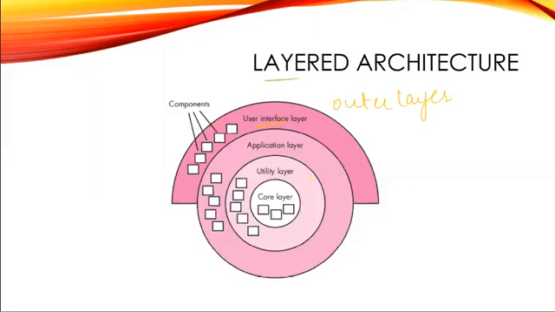At the inner layer, you're going to have the application layer and the utility layer. Coming first to the utility layer, you're going to have several modules within a system, n number of different modules. Within these modules, you're going to have different data types also. Some of these data types are common to other packages within the system, so they become your shared data types.